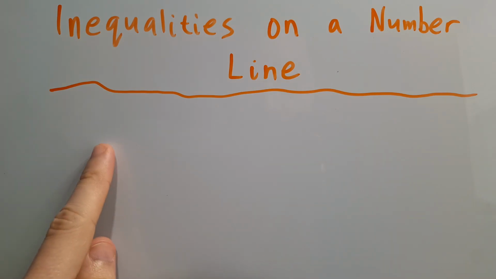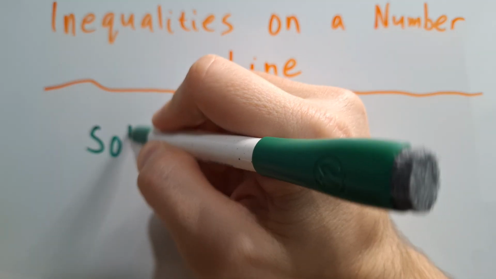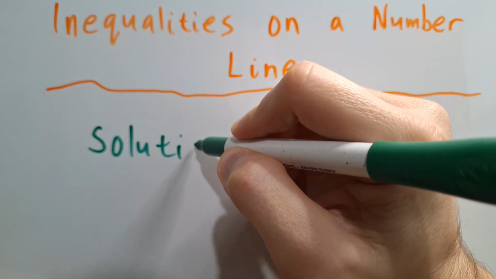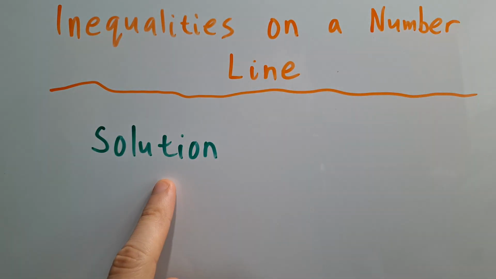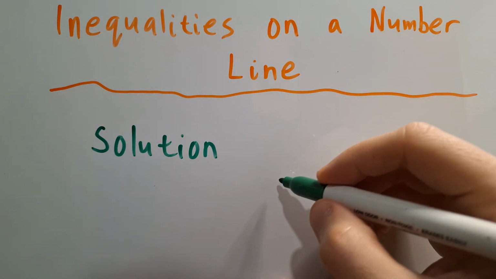First thing I want to talk about for this video is what I mean by a solution of an inequality. A solution of an inequality is any number that makes the inequality true. Here's an example.